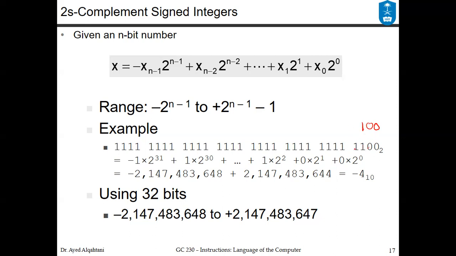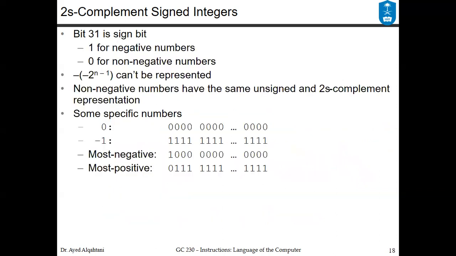After that, flip everything. Notice there are all ones here, so when you flip them, they will be zeros, all the way up to the end. And this value is equal to 4. If this is equal to 4, then this number is minus 4. And this is what we had here. This is how to calculate the 2's complement of any number. And we will see this in the coming slides.